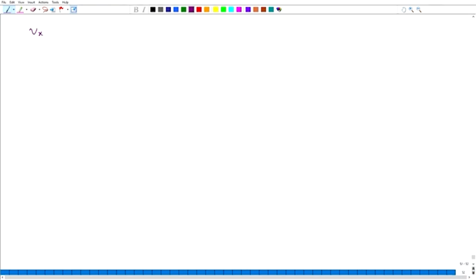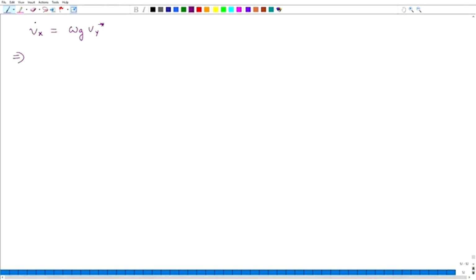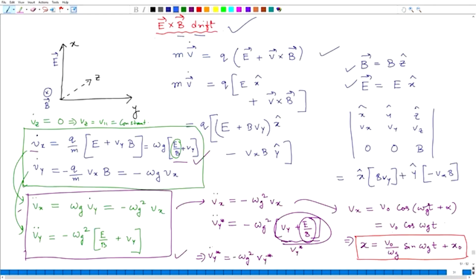Now, Vx dot we have known, this is V0 cos omega g t. So, Vx dot will be minus V0 omega g sin omega g t, and that will be equal to omega g Vy star, and Vy star will actually be minus V0 sin omega g t.